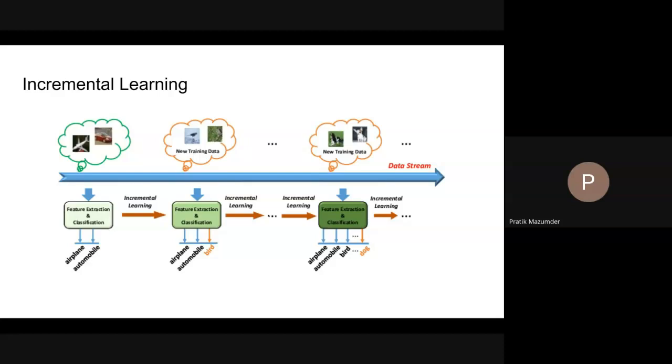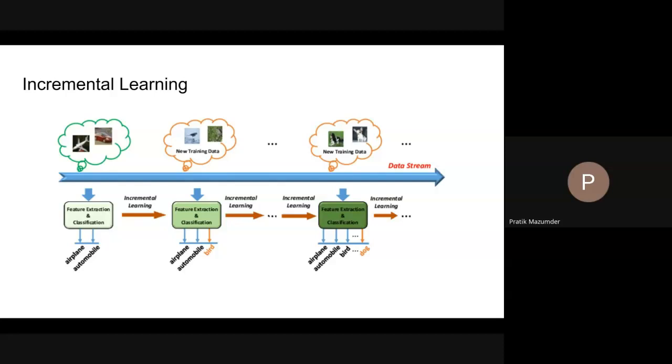So the next setting that comes into play is the incremental learning setting, which, as the name suggests, you incrementally add new training data, and the classifier that you train should perform well on all kinds of classes, whether they were introduced much earlier or much later.